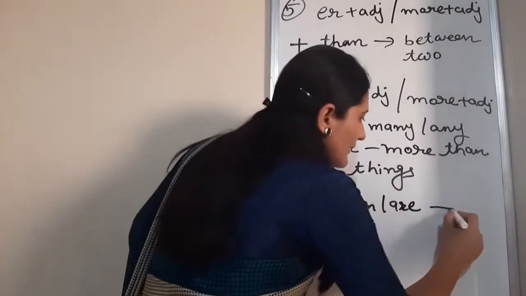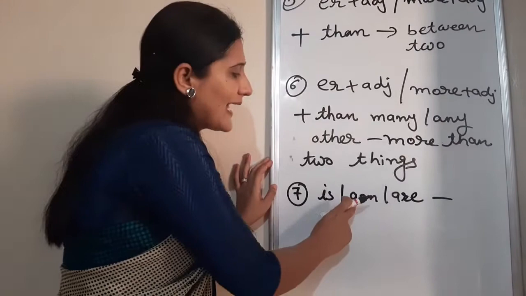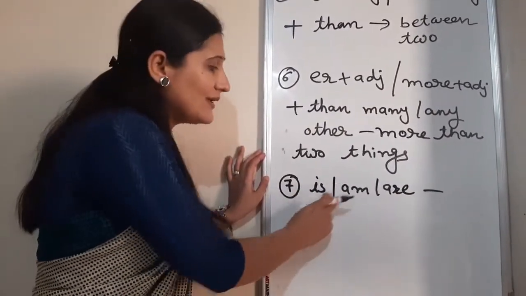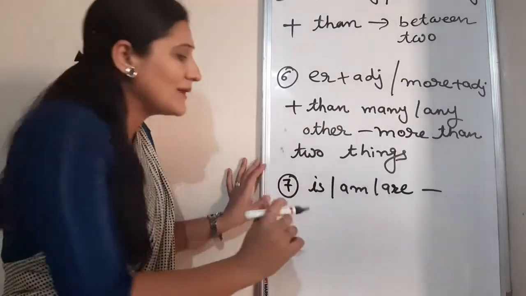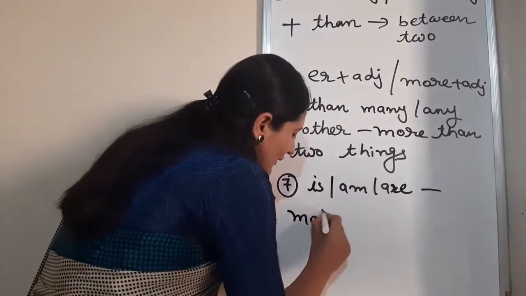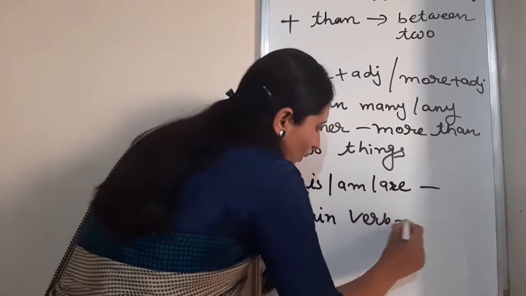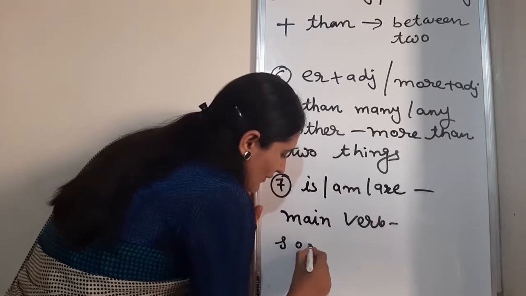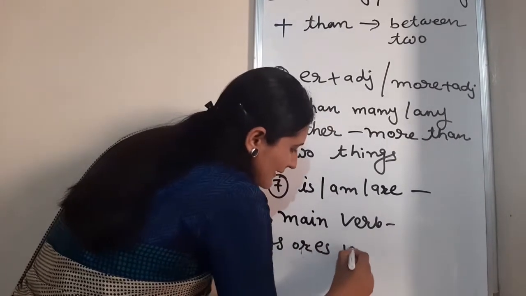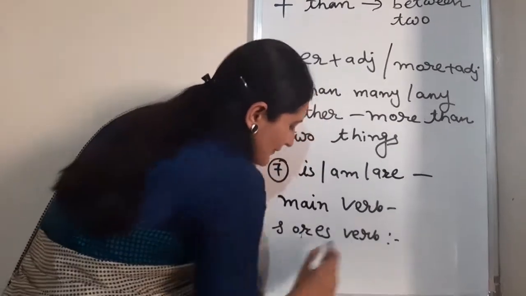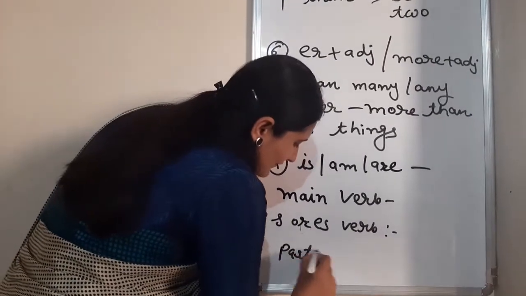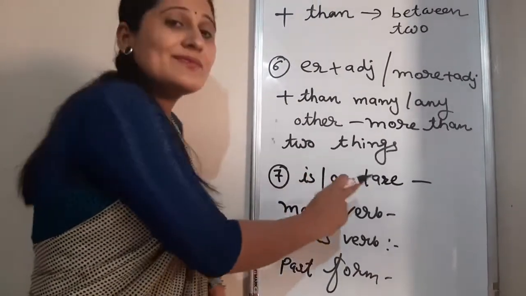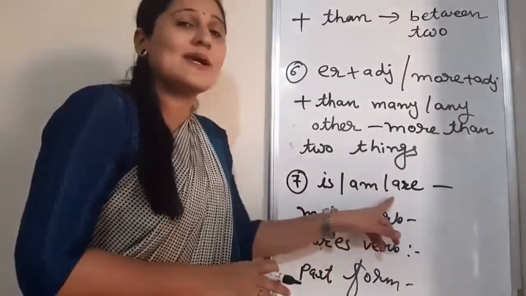The 7th rule is, just imagine is, am, are given as a verb. Then we were writing is not, am not, are not, because if positive we will turn into negative. But just imagine if there is a main verb, or s or es at the end of the verb, or if there is a past form. Instead of is, am, are, you know they are auxiliaries.